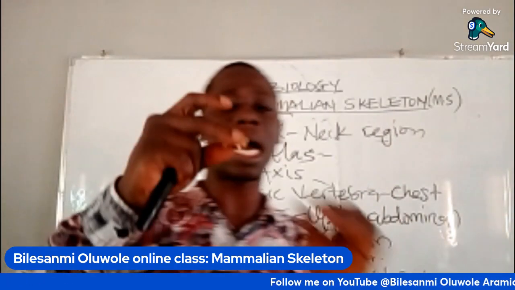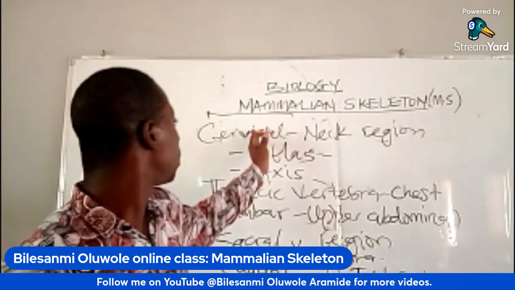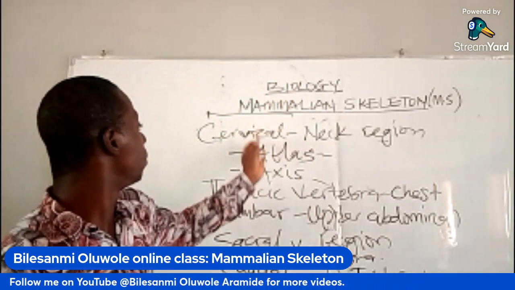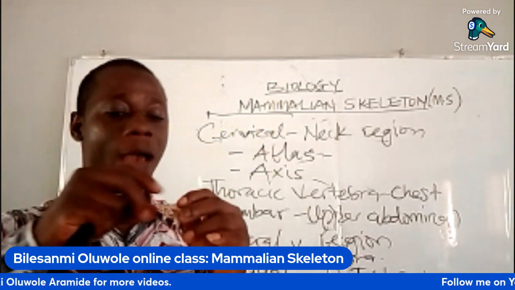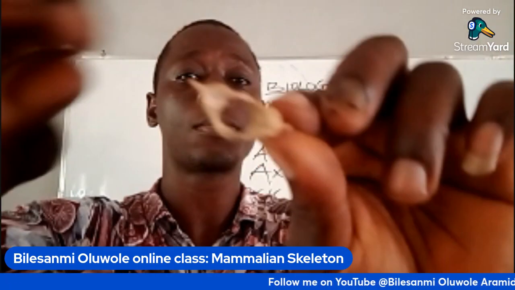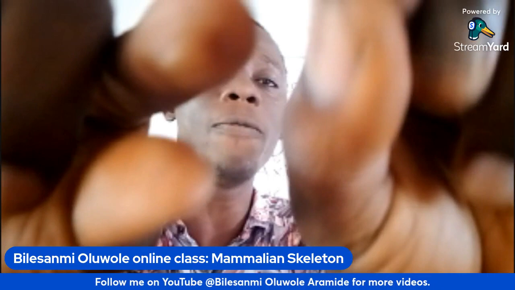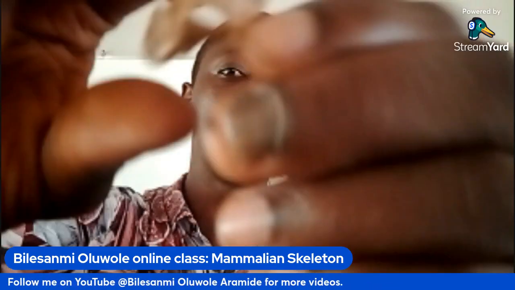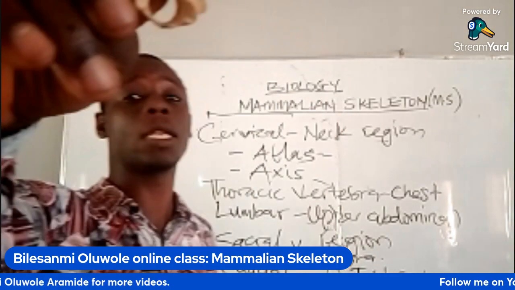Another way that we can easily identify the cervical vertebrae, the atlas and axis, is that they have another O, apart from the neural canal, a very small O. If you can see it, that is what we call the vertebral canal.